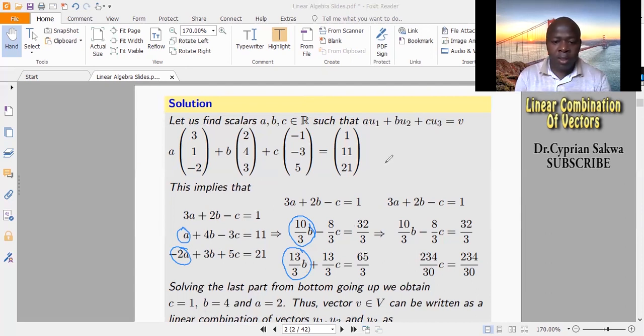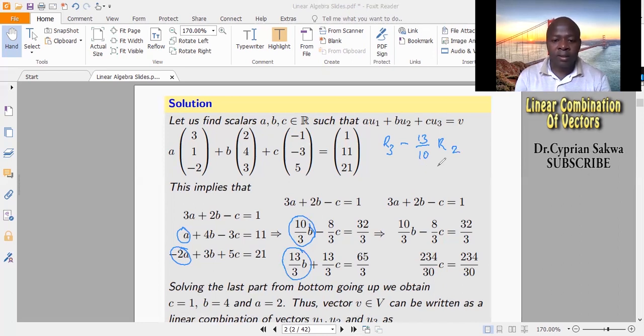For me to get a 0 in that position, I want row 3 minus 13 over 10 of row 2. Let me see, what is 13 over 10 of this?